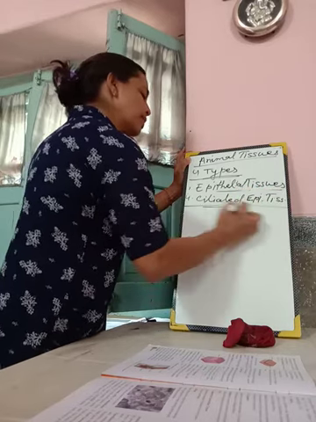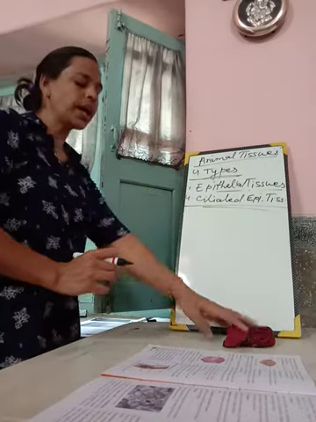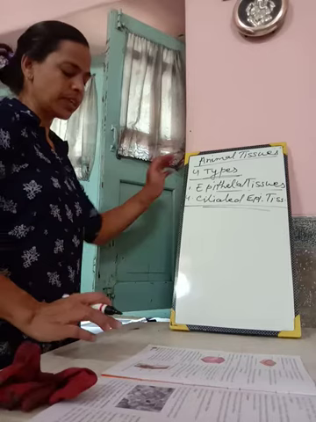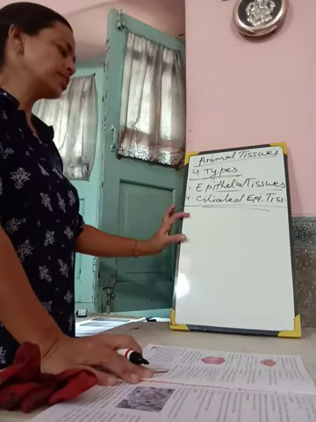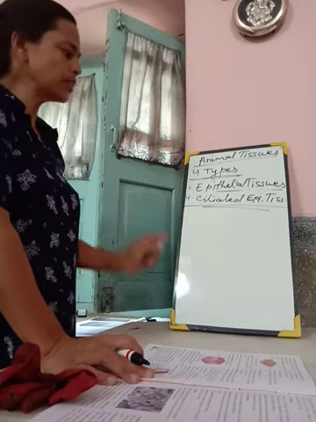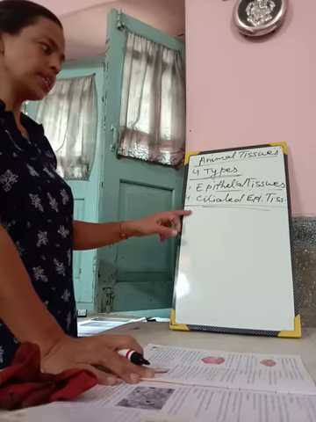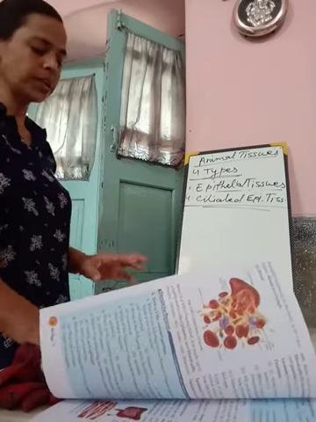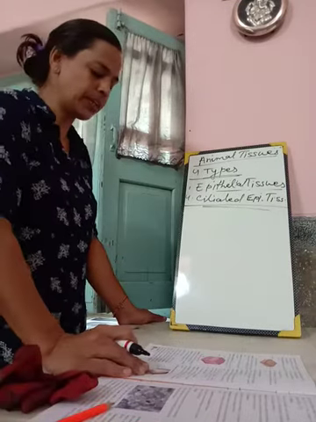Cilia means small hair-like structures found on them. It is just like a columnar epithelium tissue, but there is a difference of cilia present on them. In columnar epithelium tissue there is an absence of cilia.